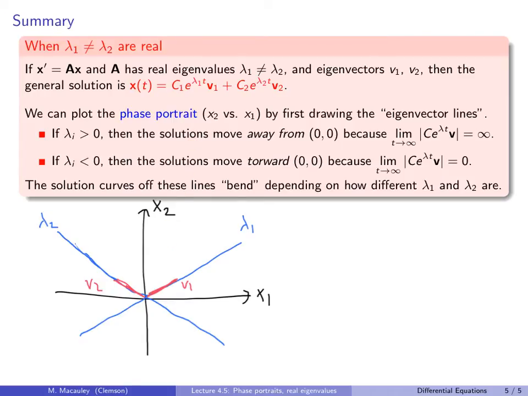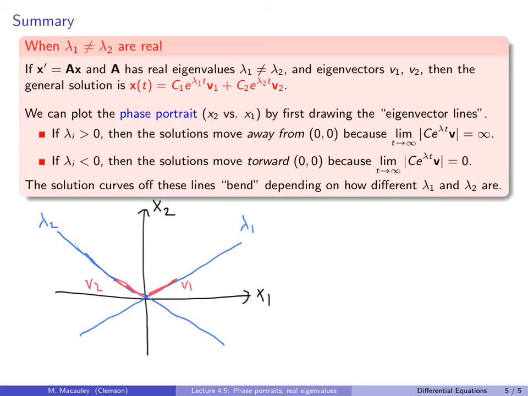However, if instead this is 1 million and 5 million, then the curves are going to move away from the origin very rapidly. So instead of like a turtle, it's going to be like a race car, but they're still going to have the same bend because the relative size of lambda 2 and lambda 1 is the same as in the other case when we had 0.05 and 0.01.